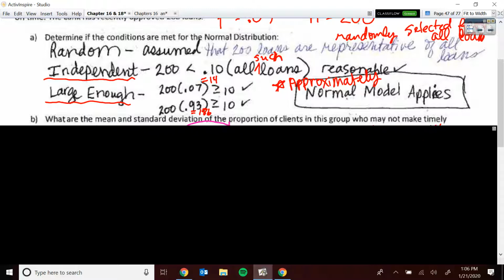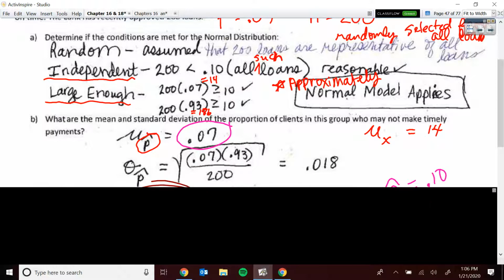Now, what are the mean and standard deviation? We remember that the center is going to be the same as that population, 0.07. I had a really good question last period: why is it not 14?